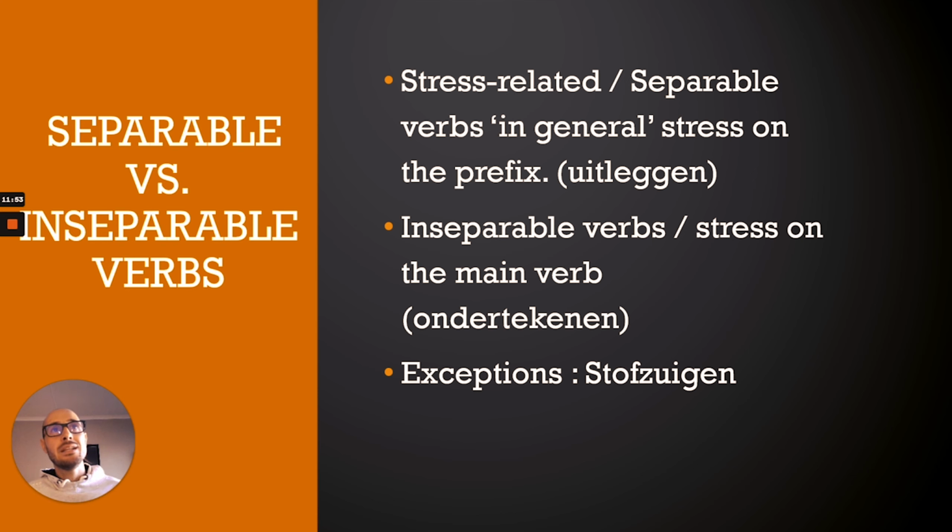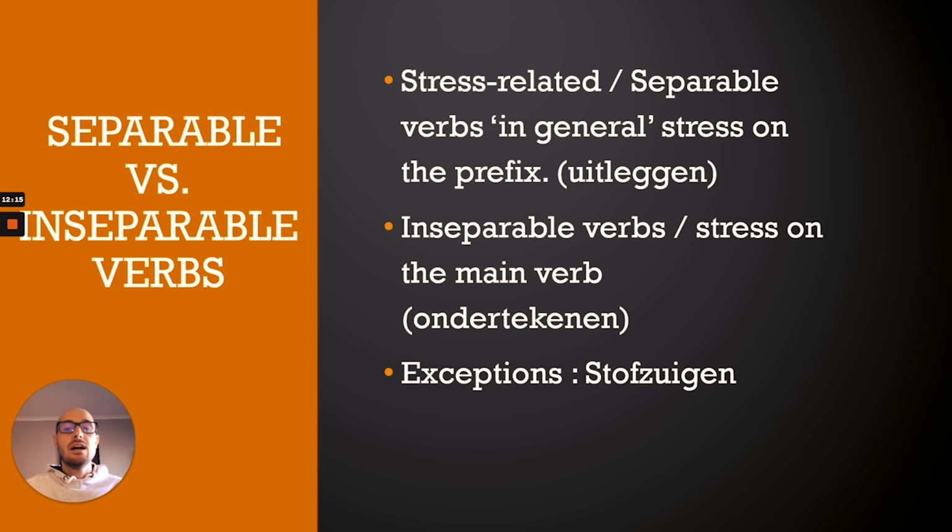So what does that mean? Not every verb which starts with a prefix, preposition, adverb, noun, and so on is a separable verb. You also have to take note of the stress. Of course, there's exceptions. In every language there's exceptions, so also in Dutch there are exceptions, and the exception would be, for instance, stofzuigen.